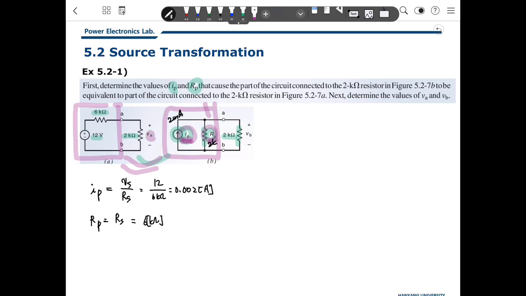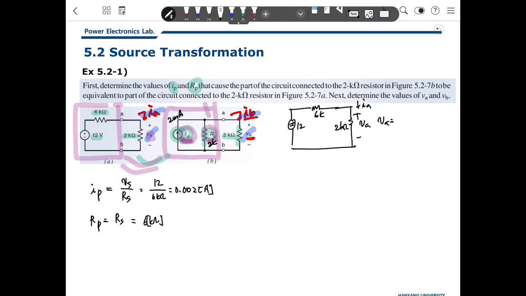Then we have to check the voltage VA and current IA, and VB and IB. So those should be the same. We'll check the first one: 12 volts, 6 kilo ohm and 2 kilo ohm, IA, VA. Then what is VA? A simple problem. This is a kind of voltage divider.